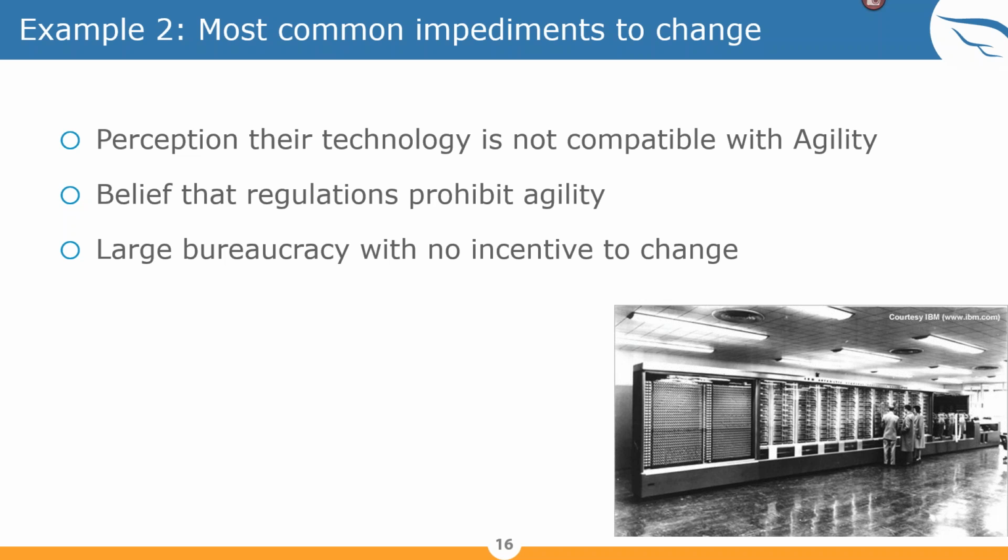Some of it is the belief that regulation prohibits this. So because we're governed by Sarbanes-Oxley, or the data that we use is HIPAA protected, or whatever the regulation is within an organization, there's the belief that, again, we need to impede agility because of the risk posed by violating any of these regulations.